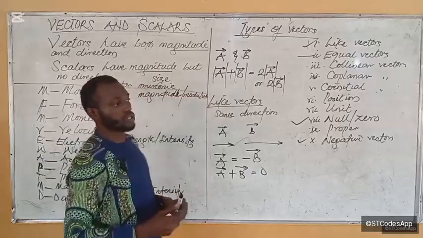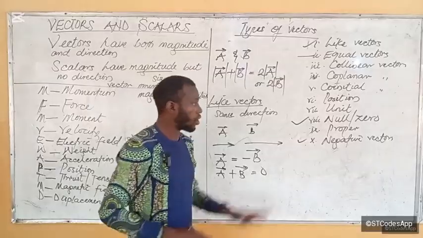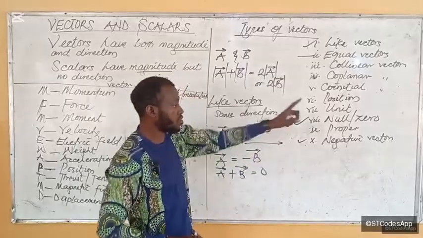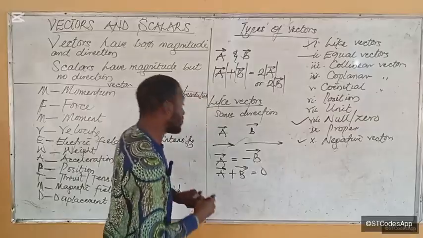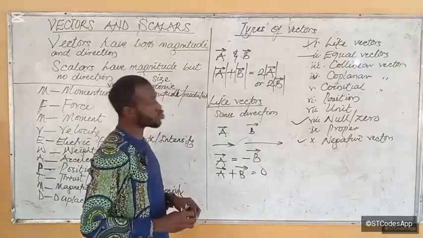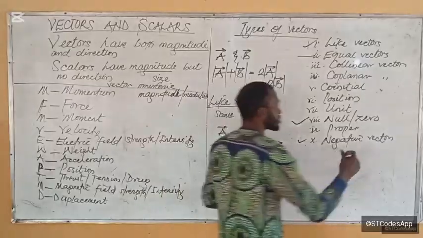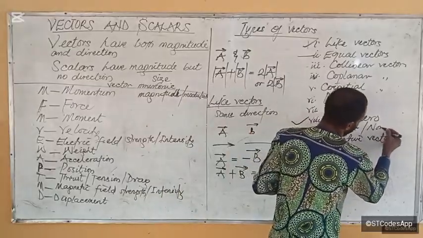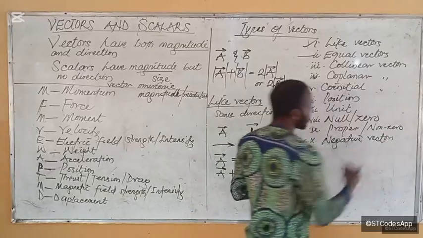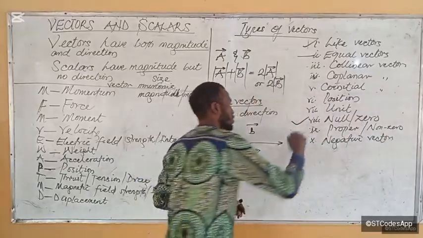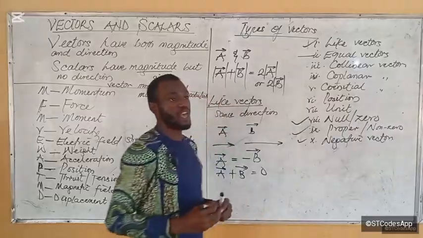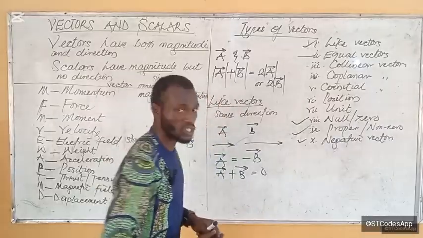But if the magnitude of a vector is not 0, then it's a non-zero vector or proper vector. A proper vector is a vector whose magnitude is not 0.